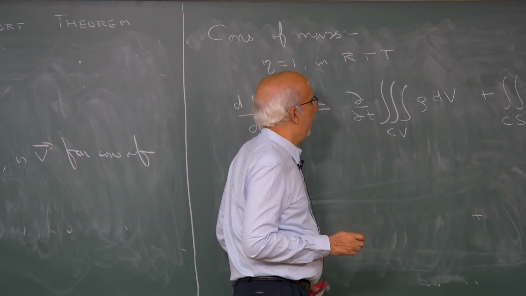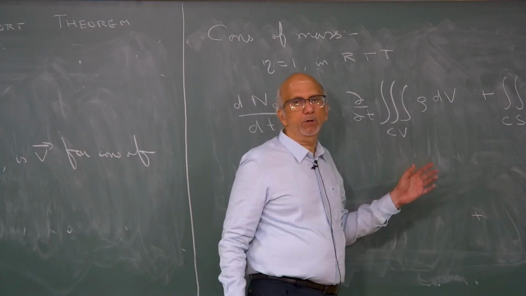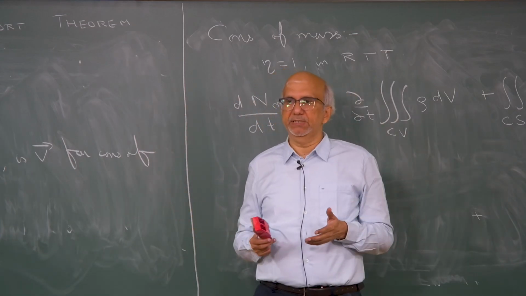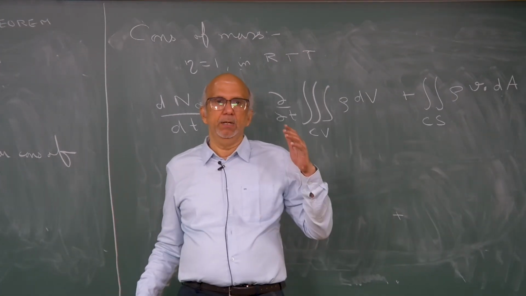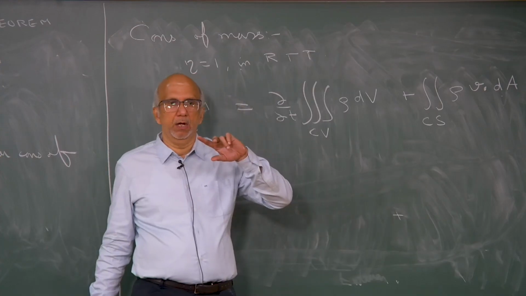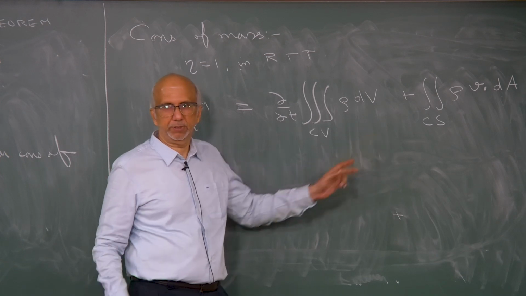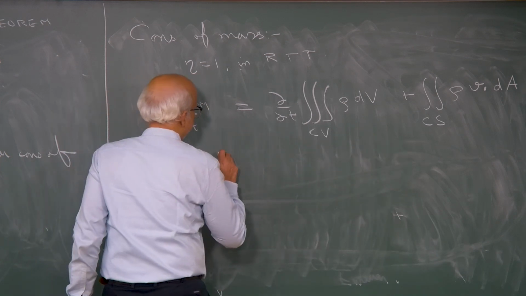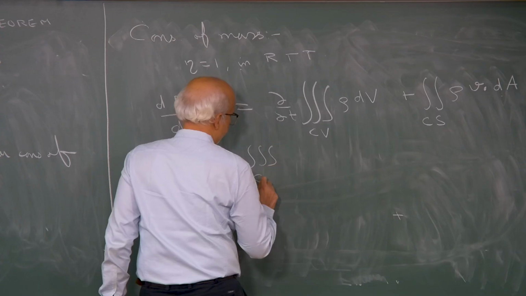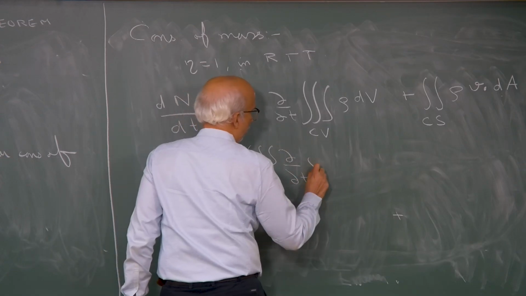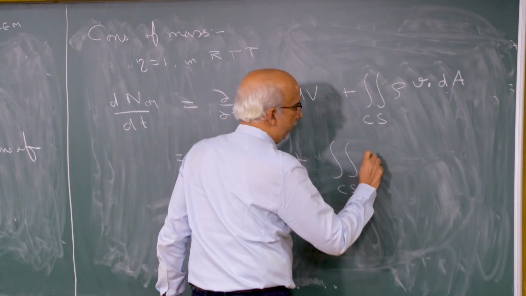Now, I have this volume integral, and because this control volume is fixed in space, it does not change with time. So, I can interchange the integration and differentiation, I can move this derivative inside. This is equal to the triple integral over the control volume of d/dt of rho dV plus the integral over the control surface of rho v dot dA.